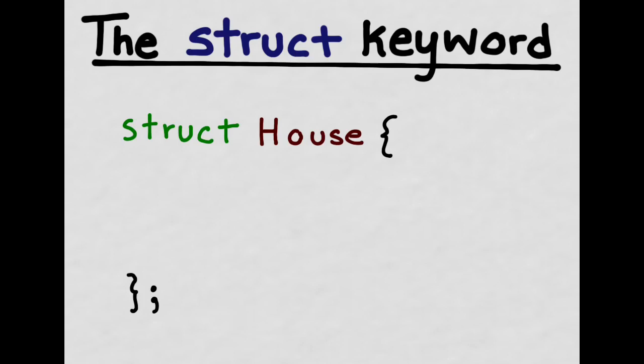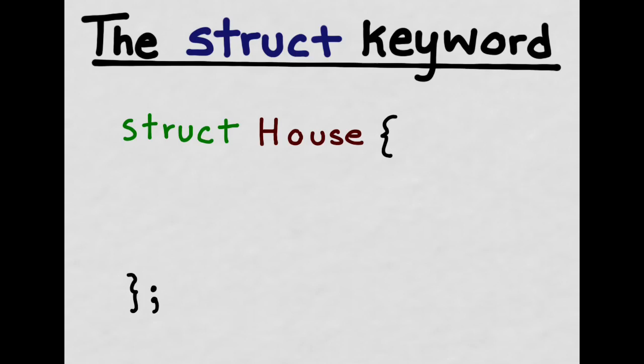So what does a house consist of, or what would we want to keep track of in a computer program? Well, there are lots of different rooms in a house. We could say there's a kitchen. So we could say the house has a kitchen.